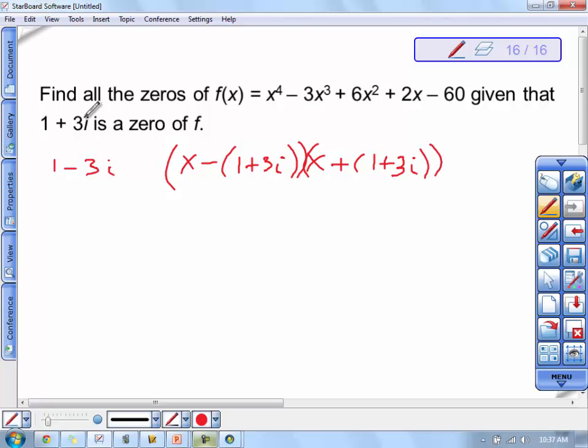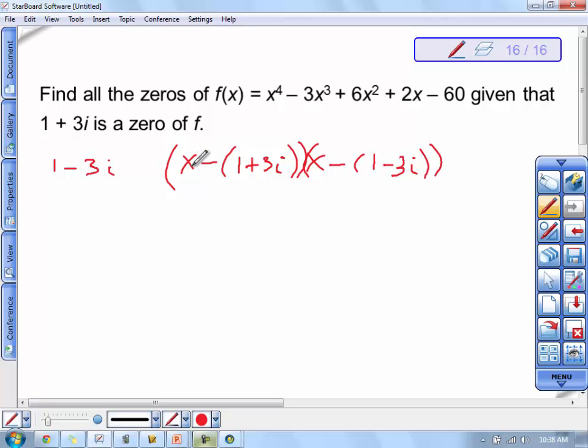Right, so I know that if these are the two zeros, then two of the factors are x minus these and x plus these, right? I'm sorry, x minus, this is the sign that would change. These are the two zeros right here. So x minus this zero and x minus this zero are two factors of this polynomial.